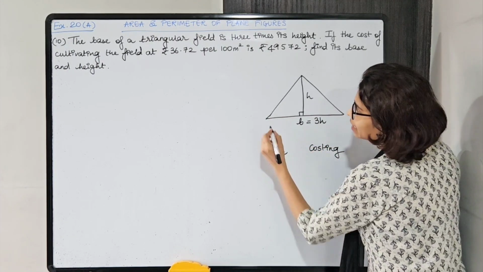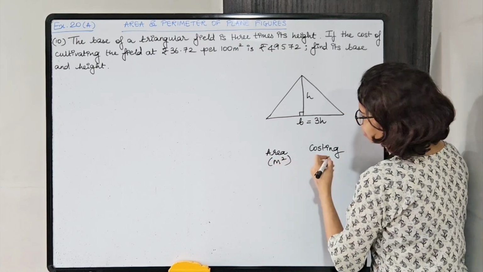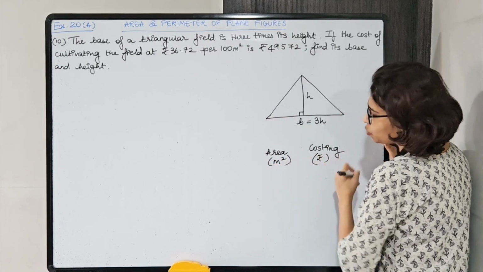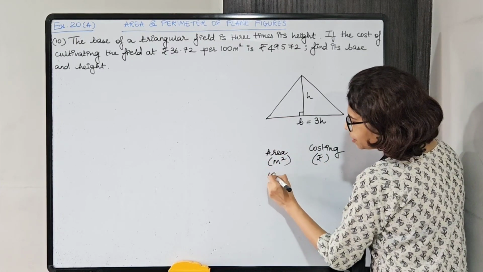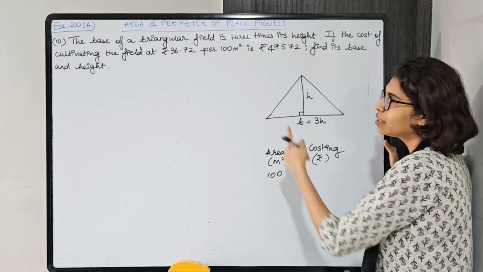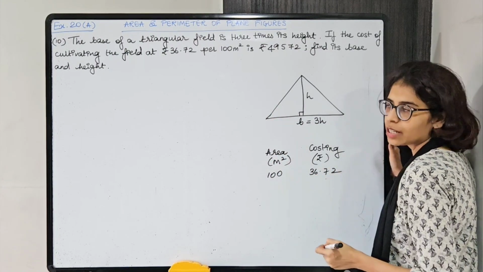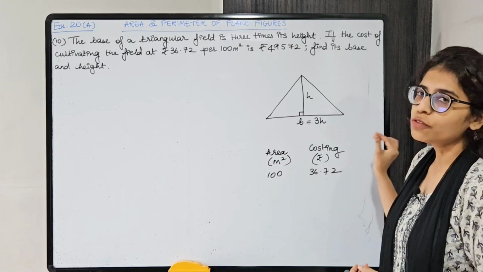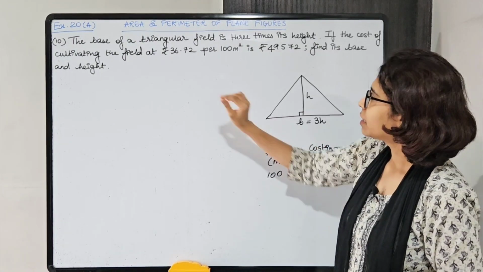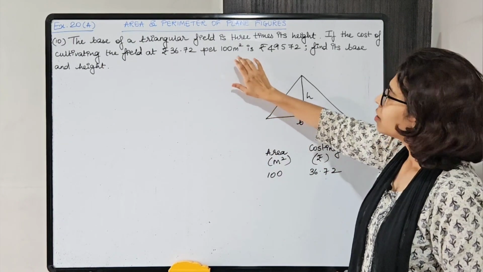Area is given in square meters and costing in rupees. So area 100 है तो costing कितना है, 36.72.